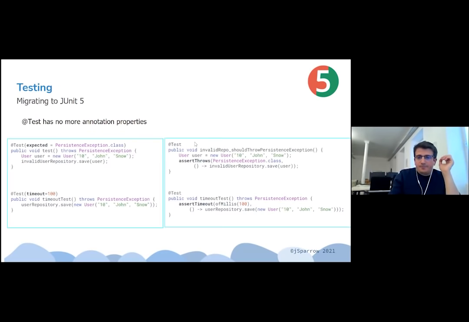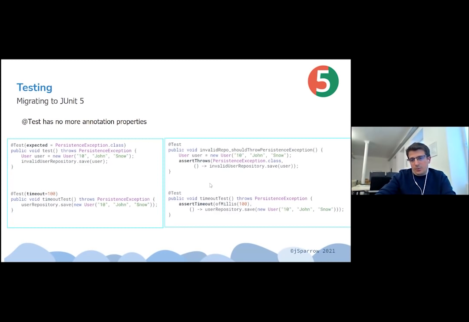Instead, we have assertions that would bring the same functionality, maybe even in a better way than the annotation properties. For example, expected exception can be simply replaced with assert throws, or the test timeout annotation property can be easily replaced with assert timeout.